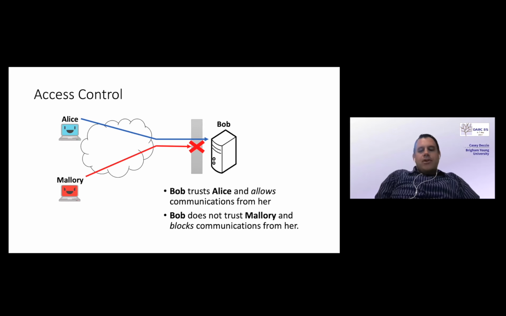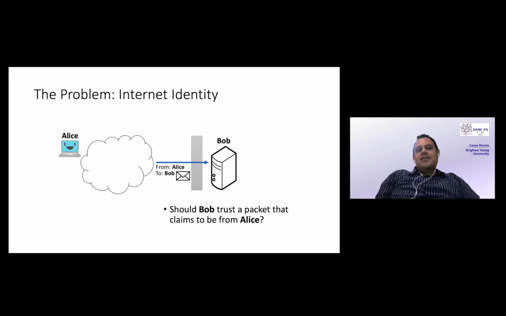But of course, the big problem on the internet is that identity is not really what we think it is. When some packet is received by Bob, and it looks like it's from Alice, Bob oftentimes has to simply trust that it's from Alice. Now, of course, there are some higher level protocols which help with that, but at least at the packet level initially, Bob has to assume that it's from Alice.